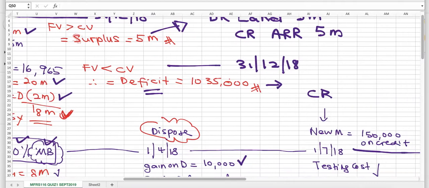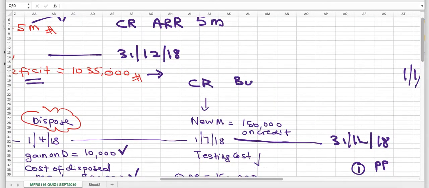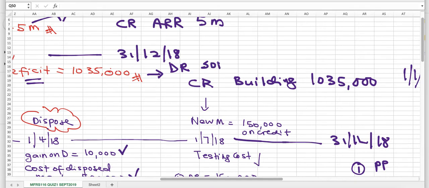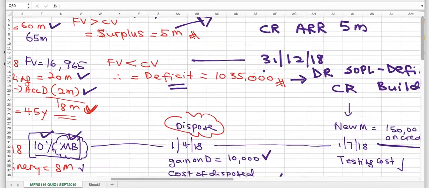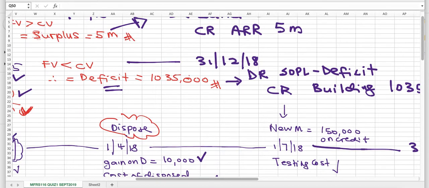So you will credit your building by that figure. And what do you debit? Debit is deficit. It's a loss to the business, so you put it under SOPL by the same amount. So now we are going to transfer this deficit into the movement.